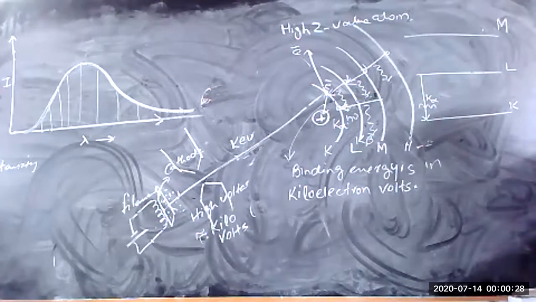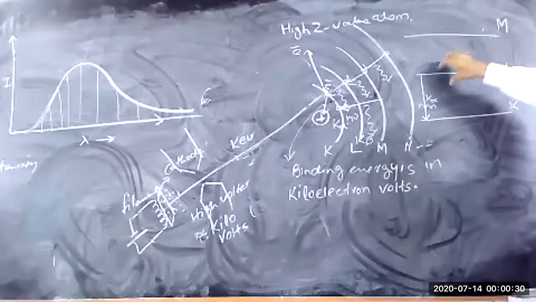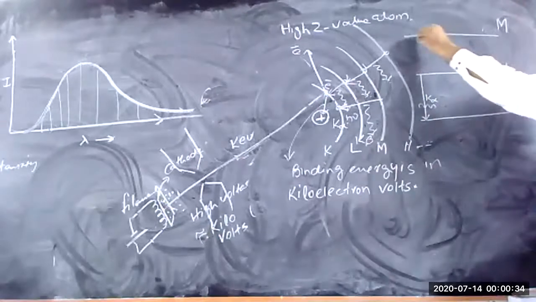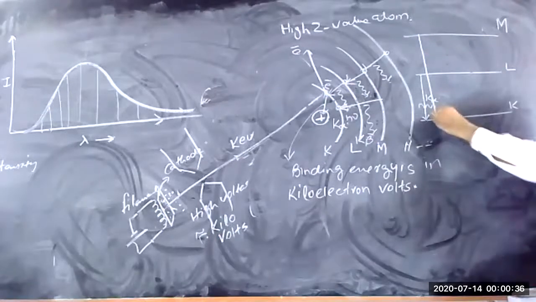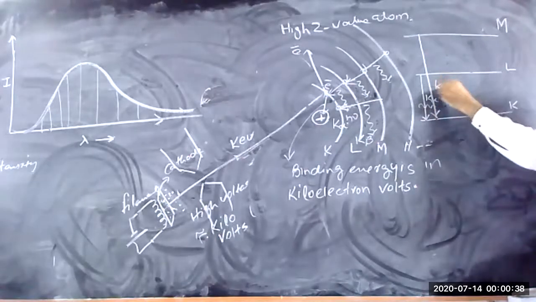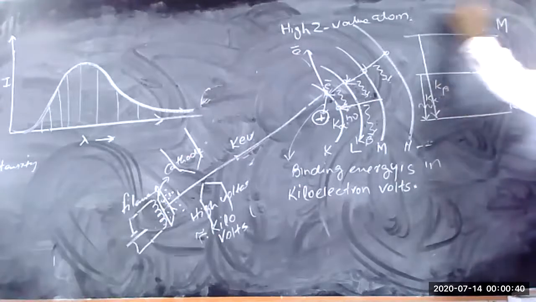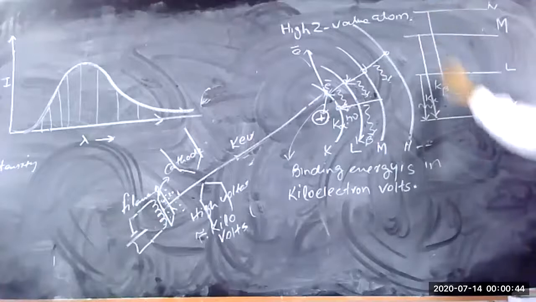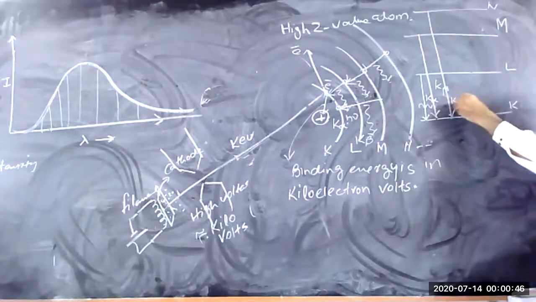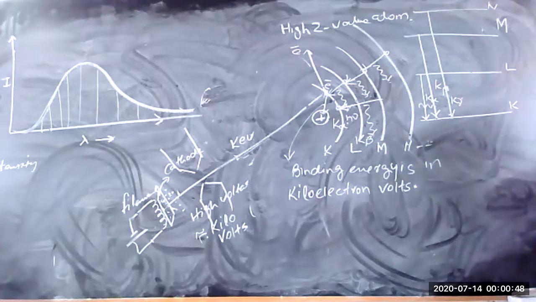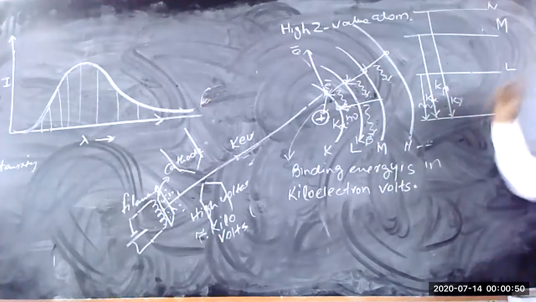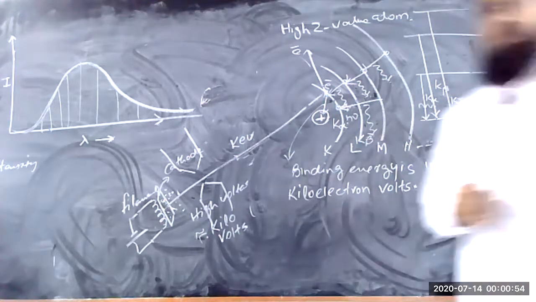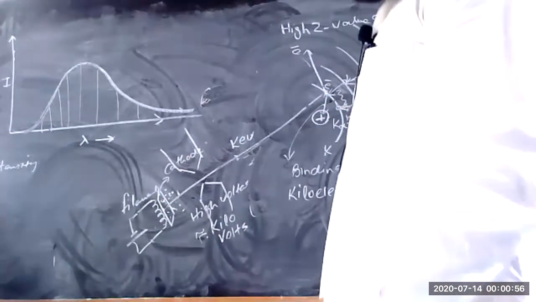But there is a chance that the L electron is not filling up the deficiency in K; the M electron is filling up the deficiency of K. We call it K beta. If the N electron is filling up, we call it K gamma. So this K alpha, K beta, K gamma are known as the characteristic X-rays.